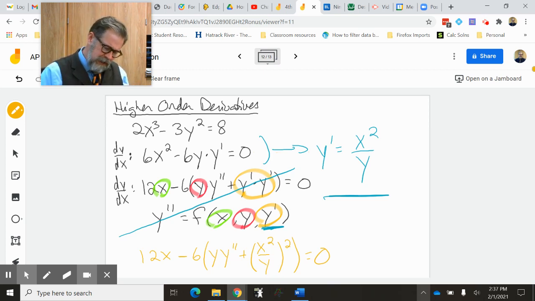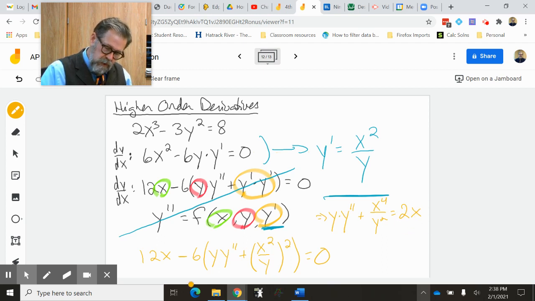So solving this, what do I get? I'm going to subtract 12x, divide by -6, and I get y times y double prime plus x to the fourth over y squared equals 2x.